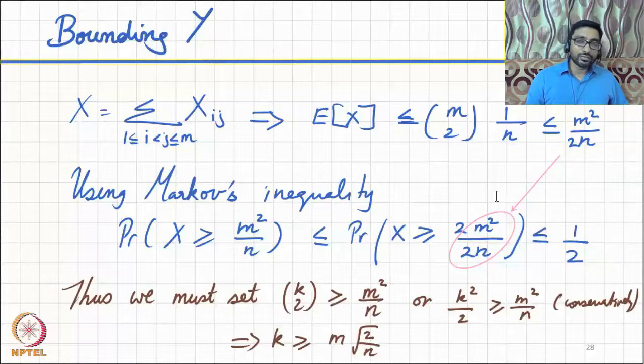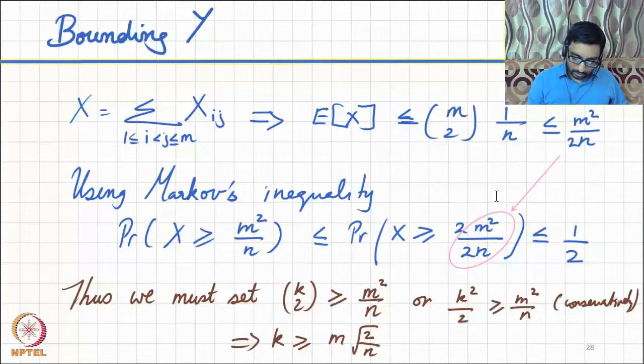So remember, our goal is to find the k such that the most loaded bin has k or more balls in it. And we've been a bit conservative in bounding that probability. In order to get our value of k, we need to set k choose 2 to be at most m squared by n, because we're bounding the probability that the number of collisions is at least k choose 2.